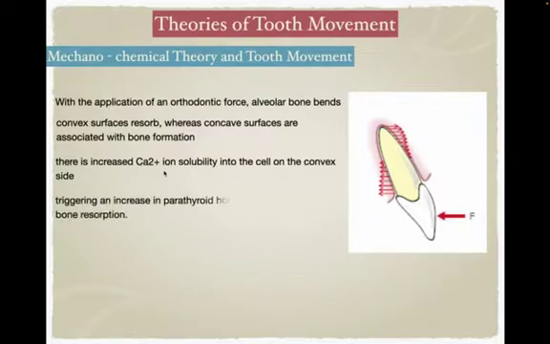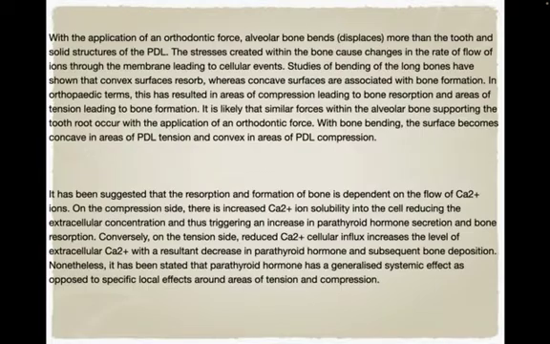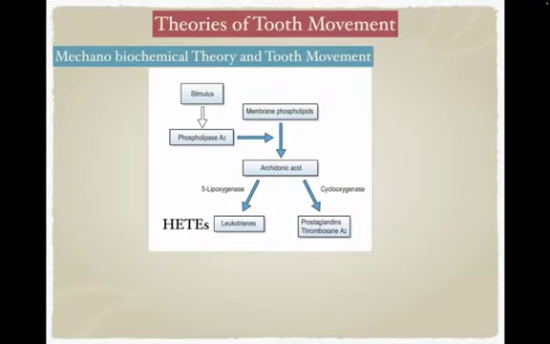Now that will be understood as a signal that the parathyroid hormone, which is responsible for mobilizing calcium into the blood vessels by activation of the osteoclast, will be released. So when we have more parathyroid hormone, we're going to have more bone resorption at the convex side. And that summarizes what I just mentioned. So that was the mechanochemical theory.